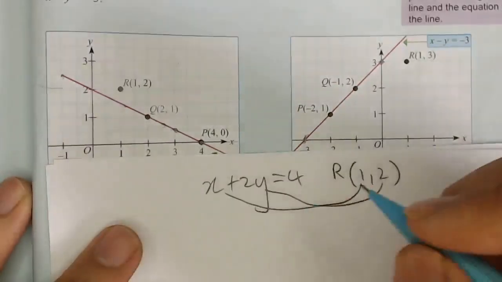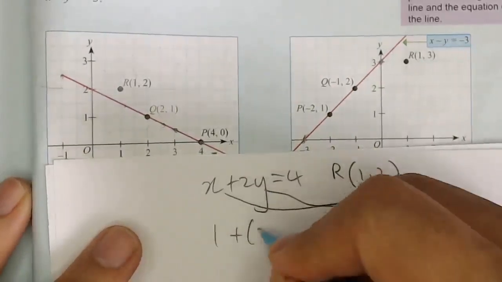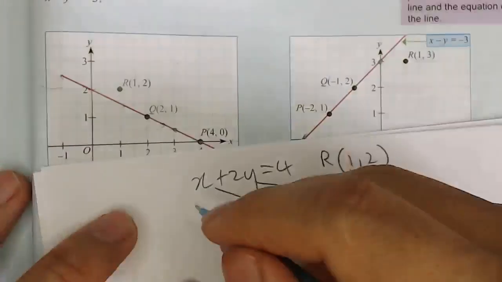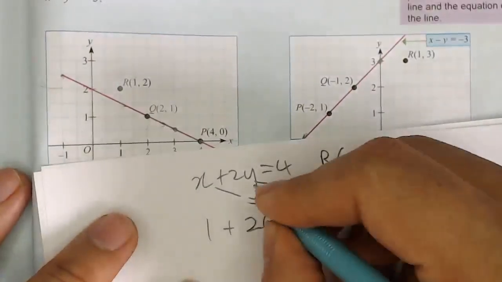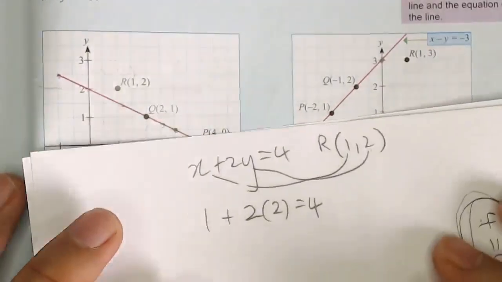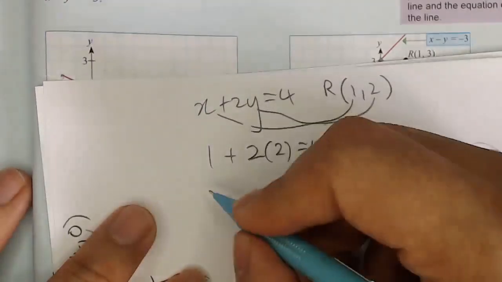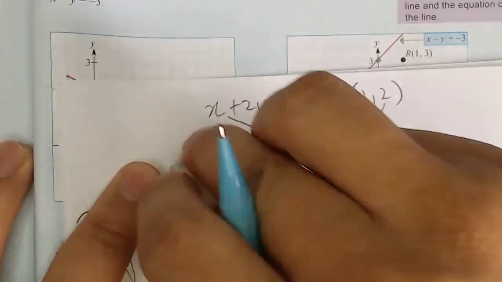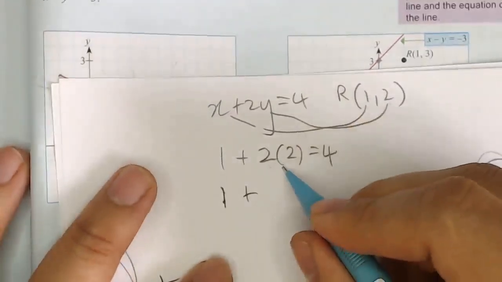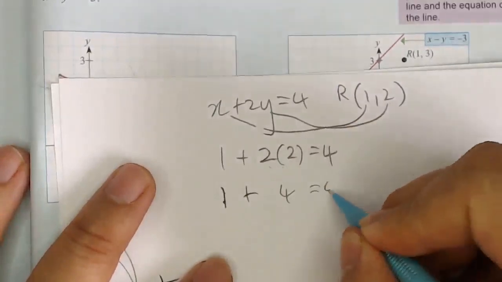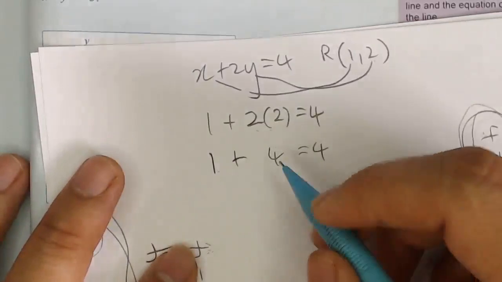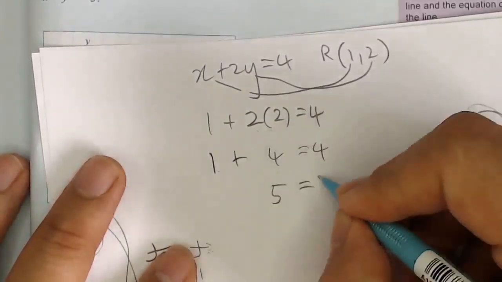So x is 1, plus 2, y is 2, equal to 4. 1 plus 2 multiply by 2 is 4. Okay, 1 plus 4, 5 equal to 4.